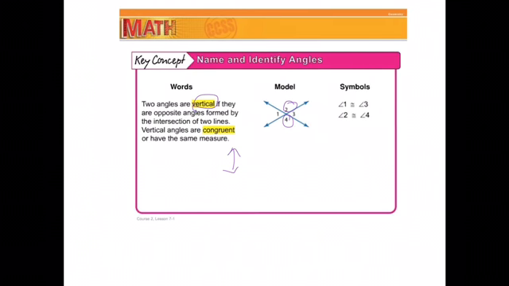But for whatever reason, they have decided that if they cross and are across from each other, so like angle 1 and 3, they are also considered vertical angles. Now what's really cool about vertical angles is that they always have the exact same degree measurement, which means that they are going to be congruent.